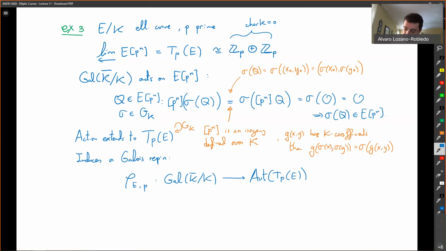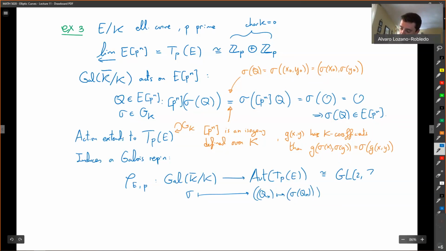It sends sigma to the automorphism that sends a sequence Q_n to the sequence sigma of Q_n in the Tate module. And the Tate module is isomorphic to 2 copies of Z_p. So the automorphism group is actually isomorphic to GL2 with coefficients in Z_p.